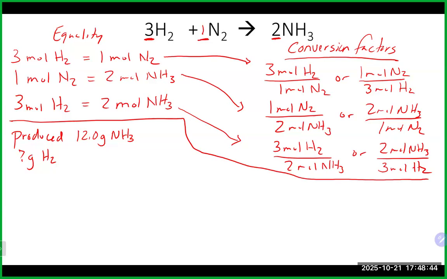So if we think about our 4 steps, we want to balance the equation, which is done here. The next step is to take whatever they gave us and convert to moles. The only piece of information they gave us was about NH3 in this reaction.